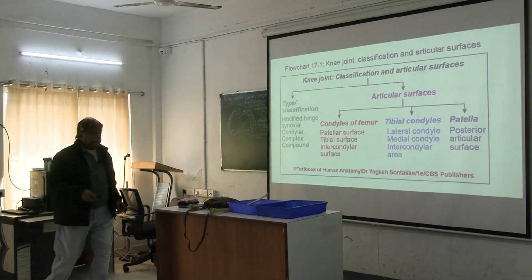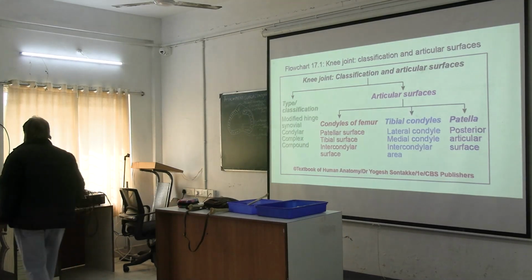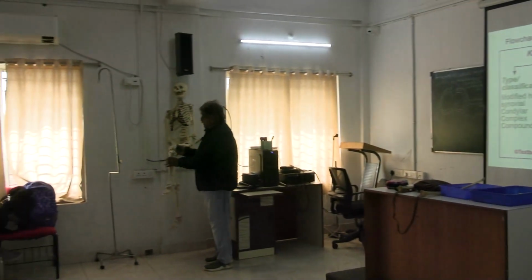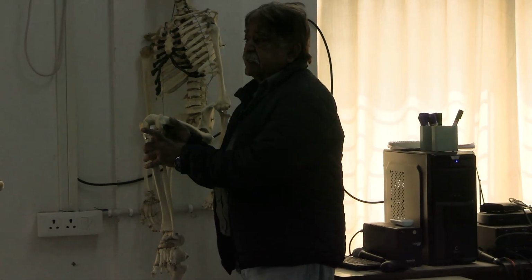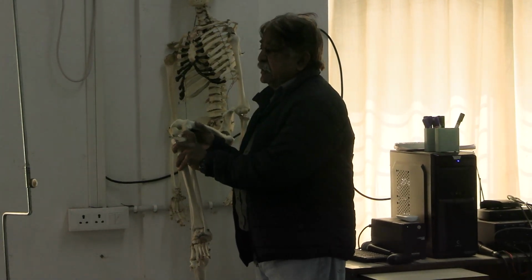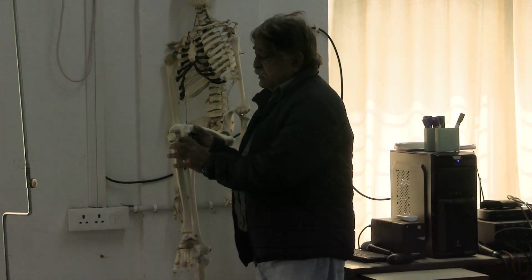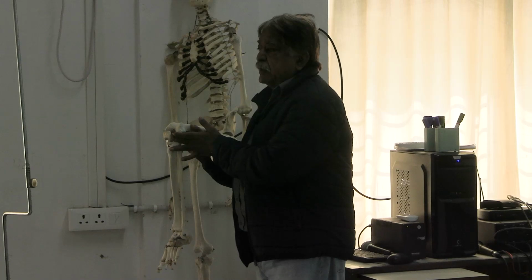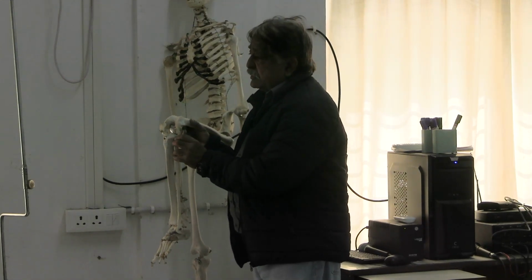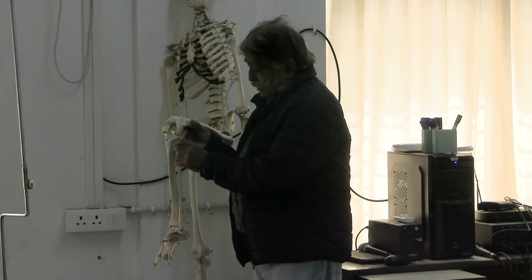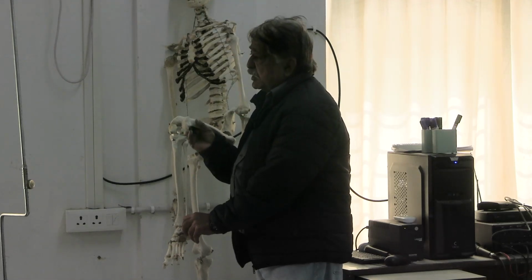Now you see, the patella is here, the upper end of the tibia, this is the lower end of the femur, and the fibula over here at superior tibiofemoral joint, inferior tibiofemoral joint.